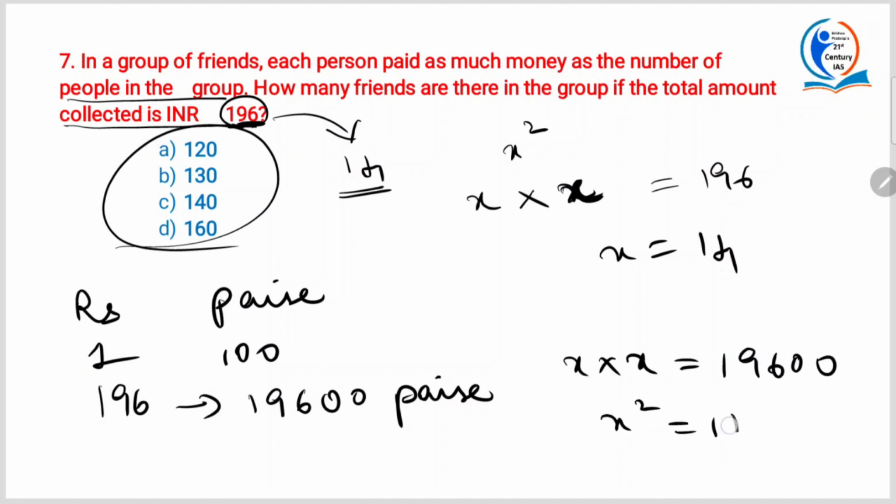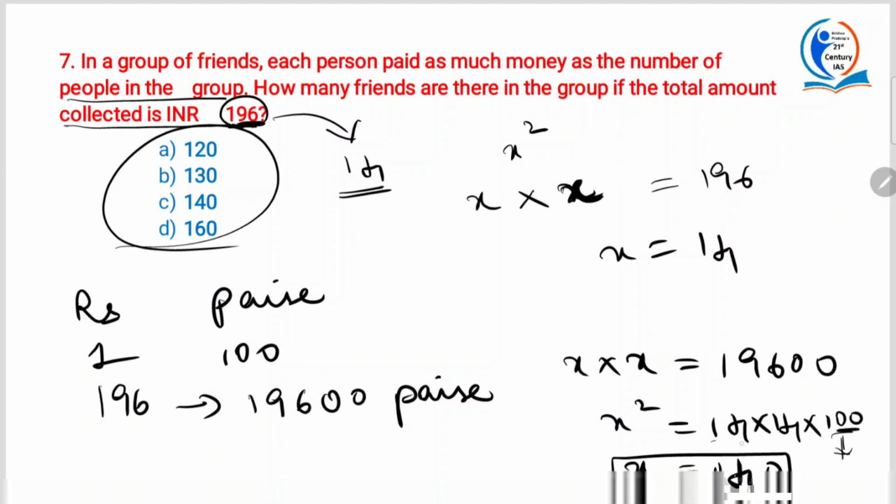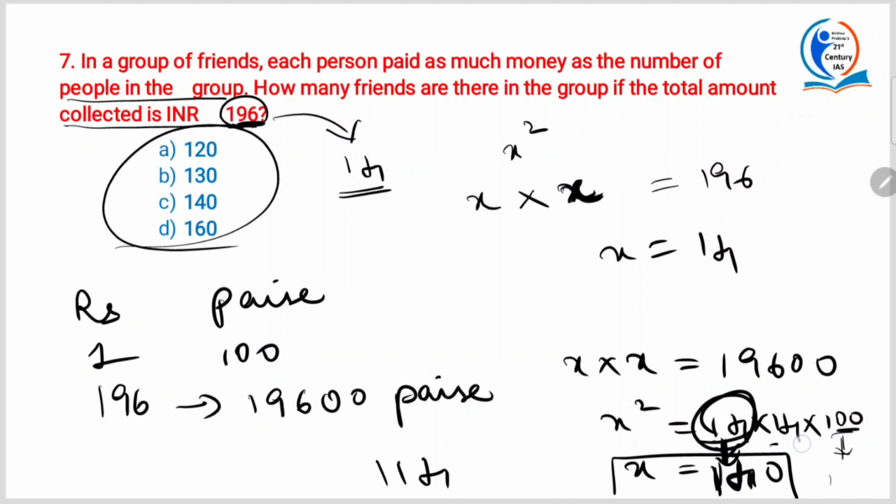x square is 14 into 14 into 100. What is x? It will become 140. When you are taking the square root, this 100 will become 10 and 14 into 14 will become 14.